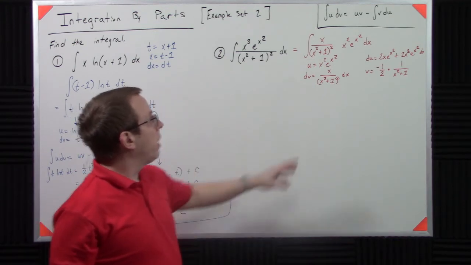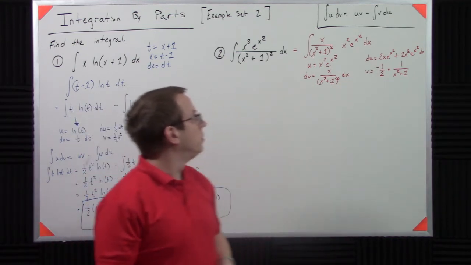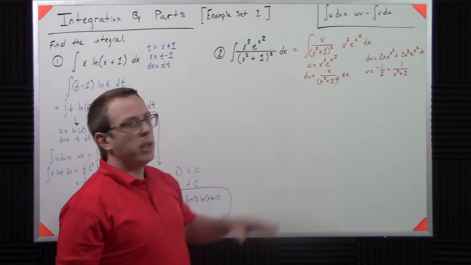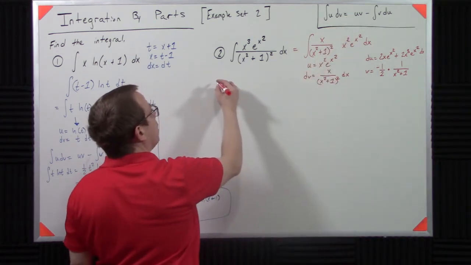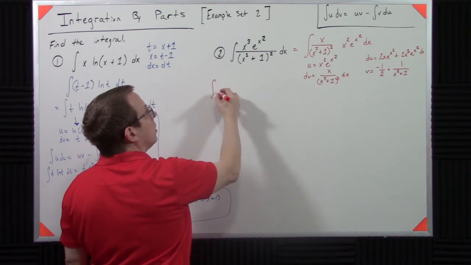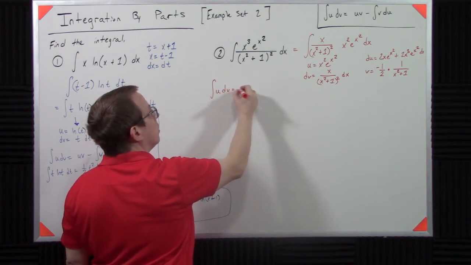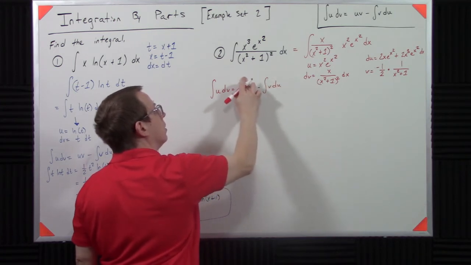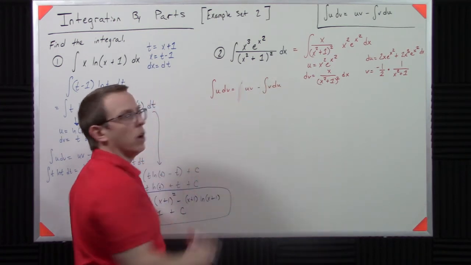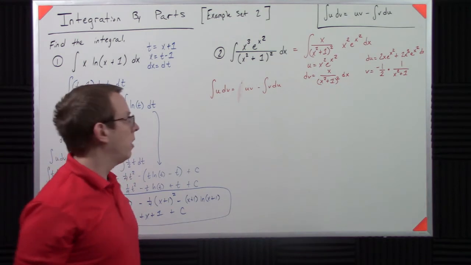So going through, we now have a v and a du. So I can use my formula here and plug in. I say, all right, sorry, no integral symbol there.